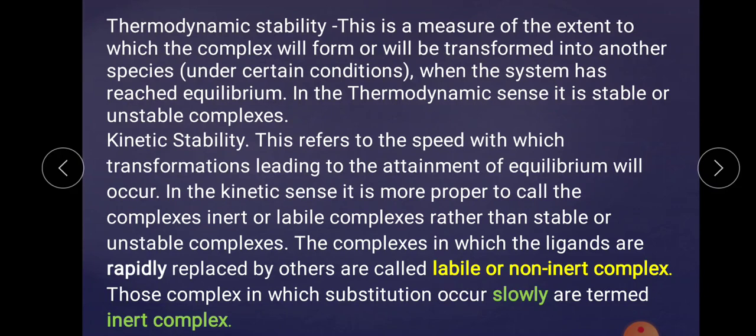Now in this case you are focusing on the percentage yield. When you are talking about thermodynamic stability, you are talking about the percentage yield, the product stability. The reaction must reach equilibrium to a particular extent under certain conditions.